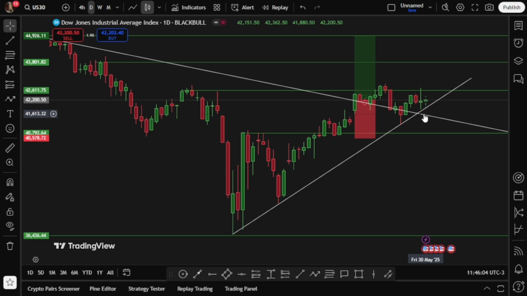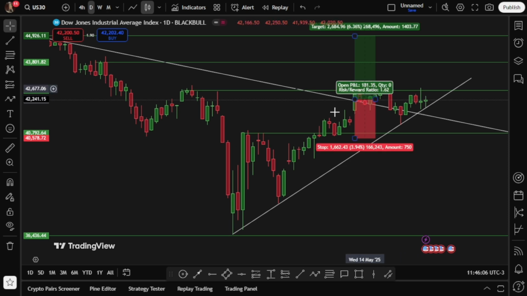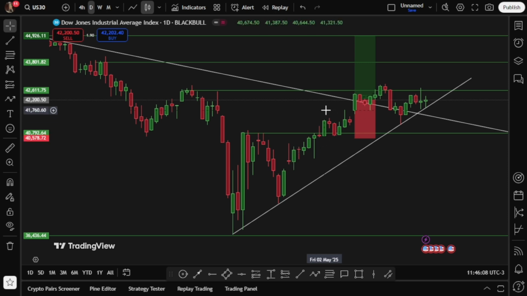Right, because I definitely know that once price changes a trend, once price breaks above a downtrend, it must surely go for a buy.